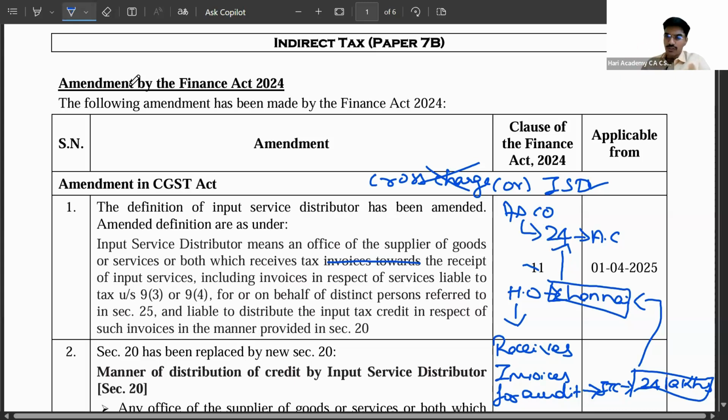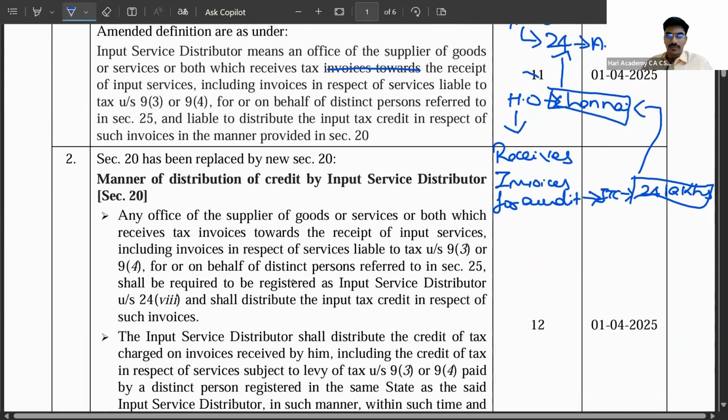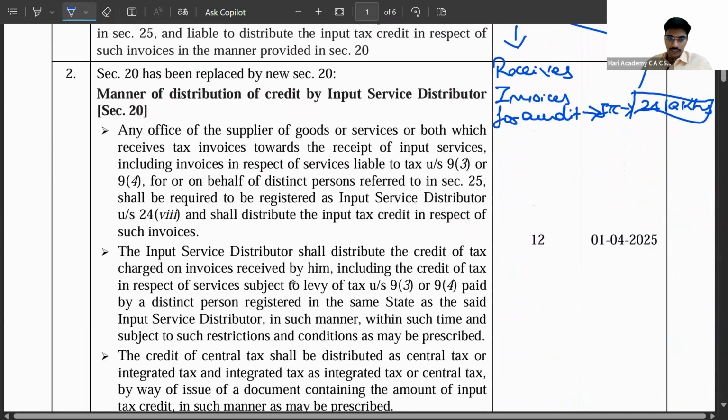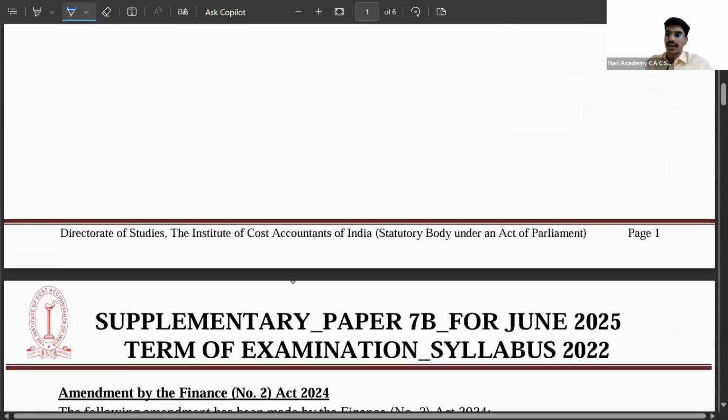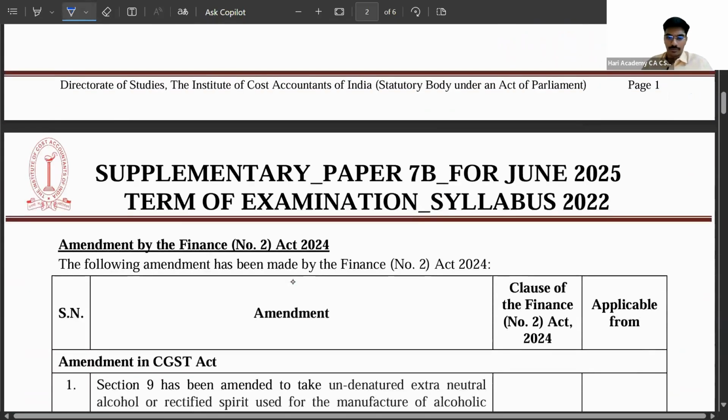They have done away with it. For that, they have made a few amendments. They have changed the definition of ISD, and the manner of distribution of credit has also been changed. This is the crux of both the amendments.